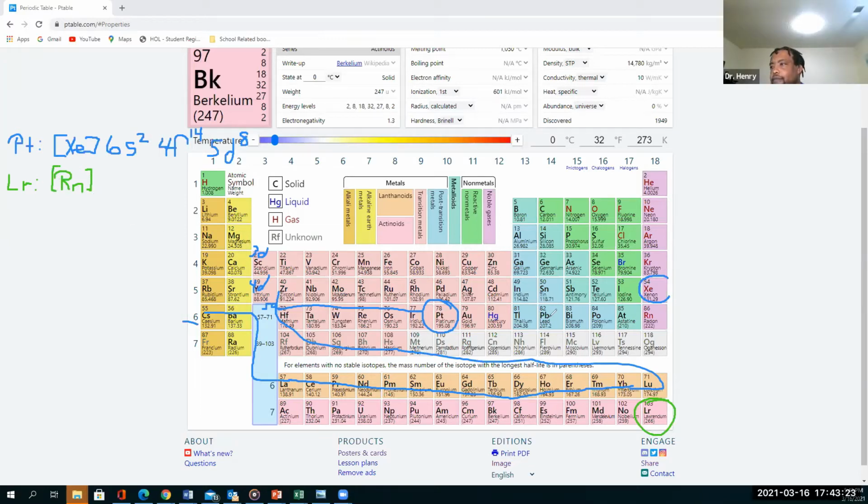And then, let's see, 7s2. And then 5f14, right, 5f14.